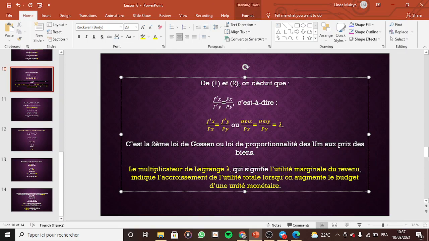In the same way as we were looking at marginal utility of a good, we saw that marginal utility shows us how total utility can change once you have a supplementary unit of a good. In the same way, the marginal utility of your revenue will show you how total utility will increase once you increase your budget by a unit.